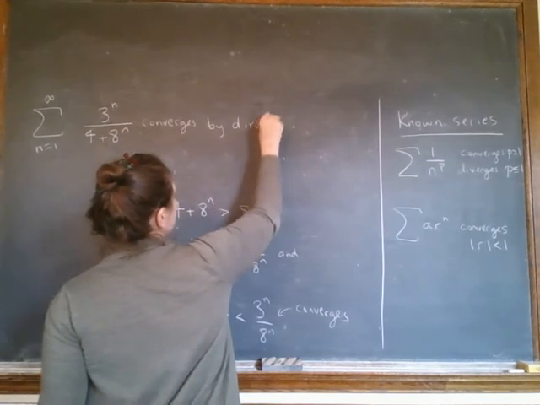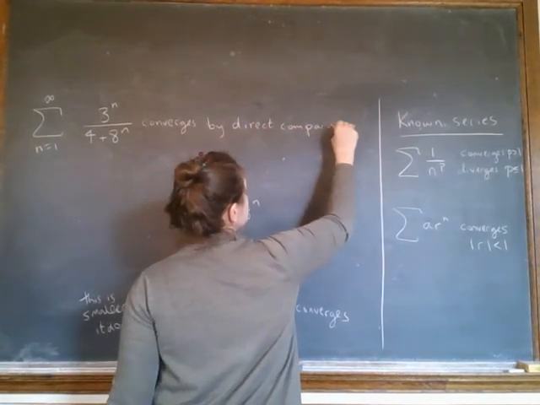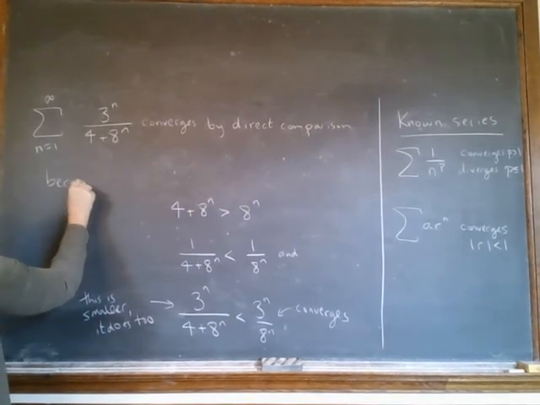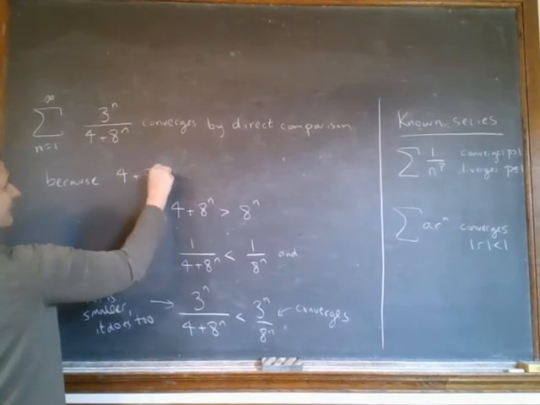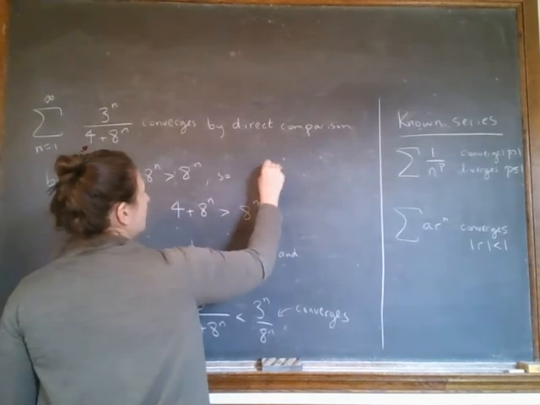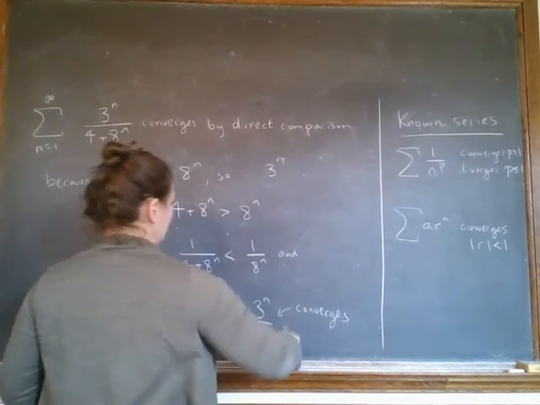So you see I'm telling you exactly which test I'm using. Because 4 plus 8 to the n is greater than 8 to the n.